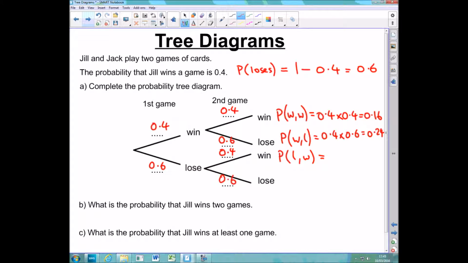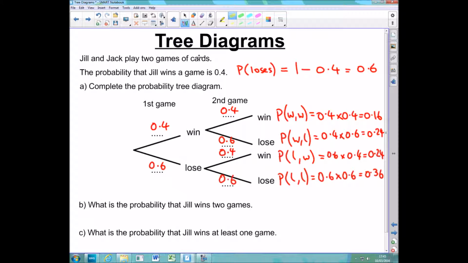So we times the probabilities, 0.6 times 0.4, and as you might expect, it's got the same probability as the one above it, 0.24. And now we're going to finish off with this one down the bottom here. Now we've gone down twice, which means that she's lost the first game and she's lost the second game. Which now means we're going to times 0.6 and 0.6 to get our answer 0.36.